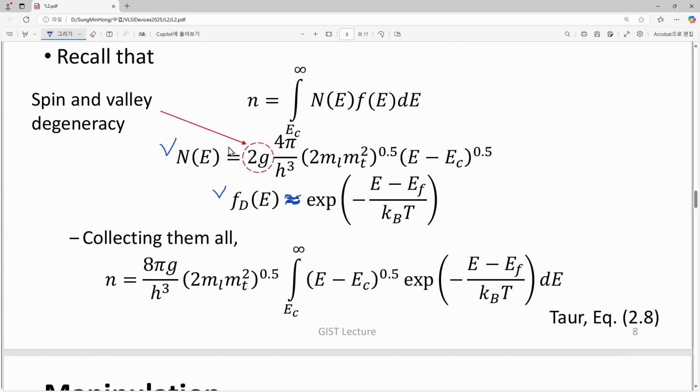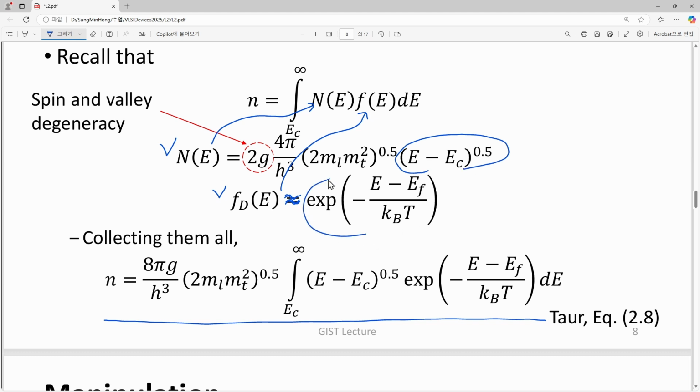Collecting them all together, we get this expression. Although it looks quite complicated, inside this energy integration we just keep the energy dependent functions, and all the energy independent factors are collected here as a bookkeeping.